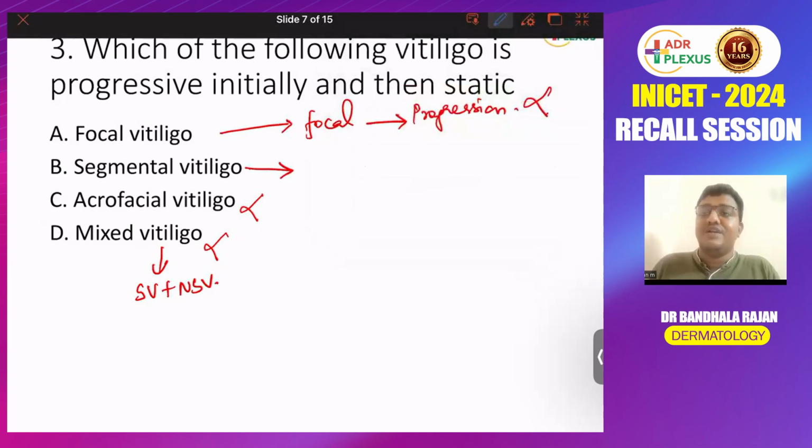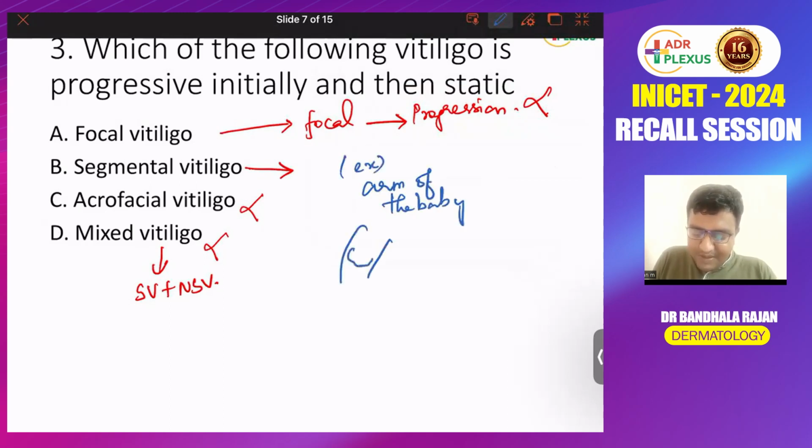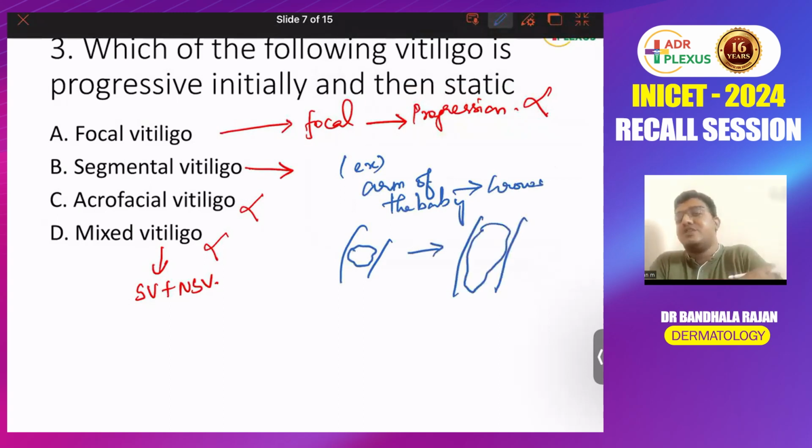For example, keep in mind that segmental vitiligo involves the arm of the baby. You just keep it as an example. On the arm of the baby, there is a small segmental vitiligo. If the baby grows, the arm also increases in size. So the lesion also increases in size in proportion to the growth.